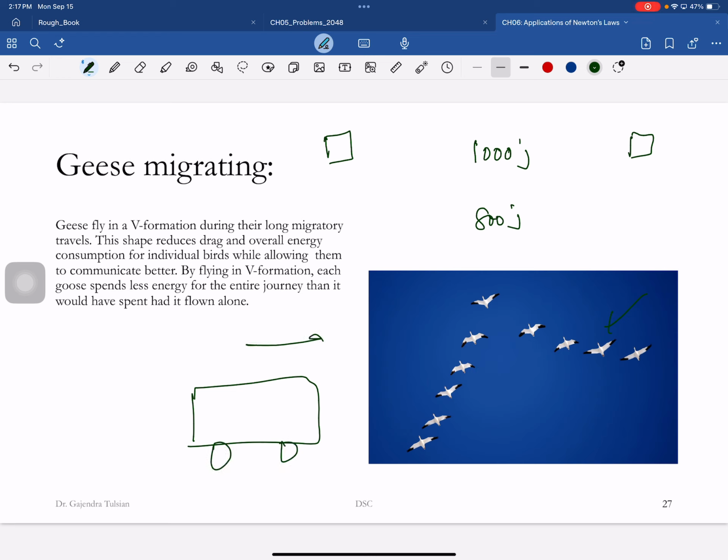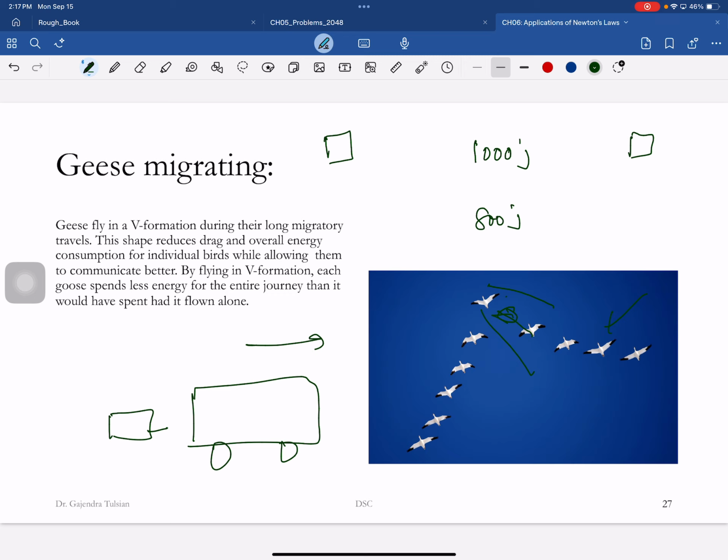So here's the semi going, and you drive close behind the semi, your gas mileage will go up. Oh, sure. Okay. So this guy is making all the air go there. There's a partial vacuum. Okay, yeah, that's why your gas mileage will go up.